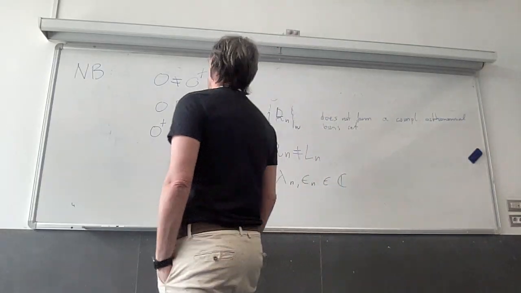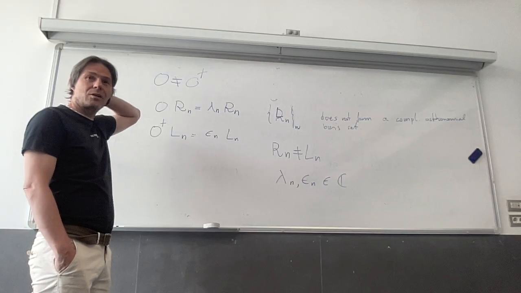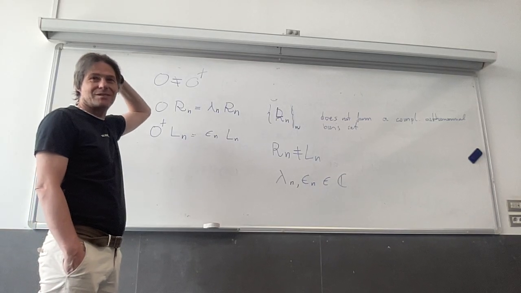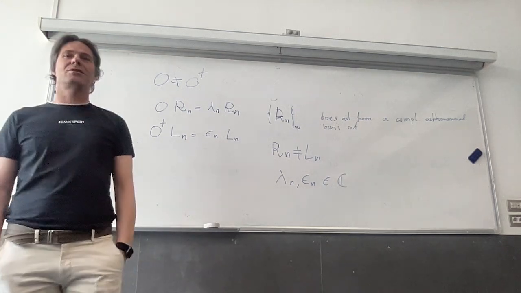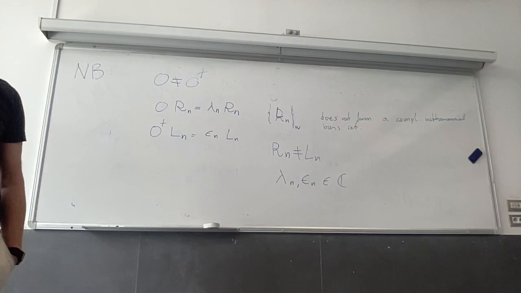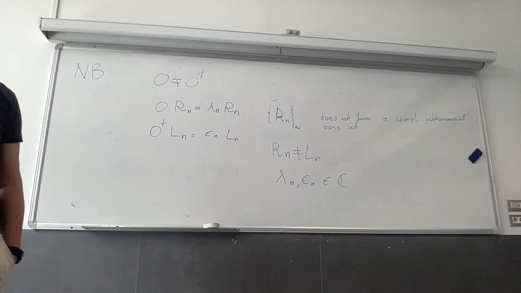But we have a hope. We have a hope because we have already seen that the Fokker-Planck operator is a very special kind of non-Hermitian operator because it can actually be written as a divergence of a current, right? Which makes it special among the non-Hermitian operators.